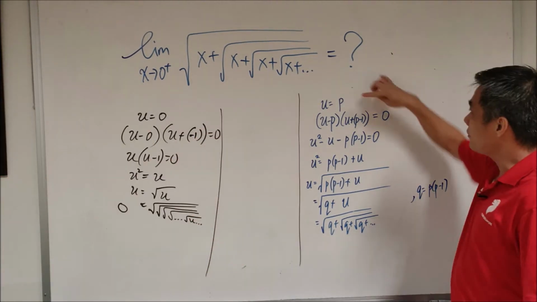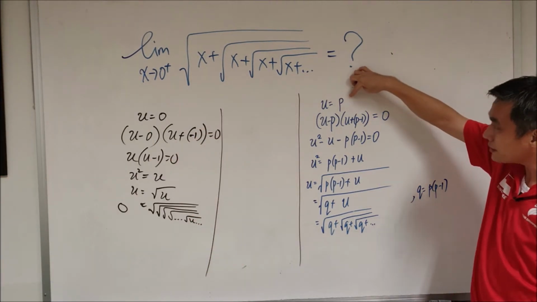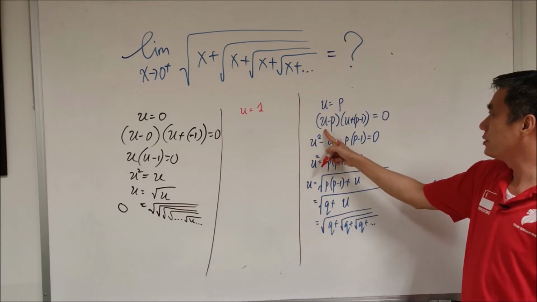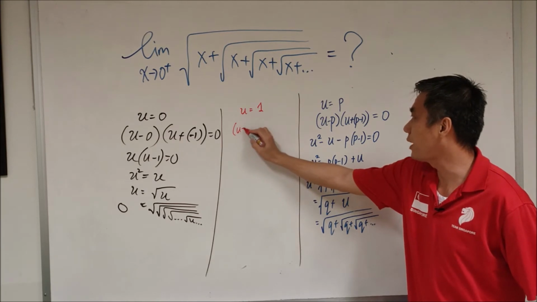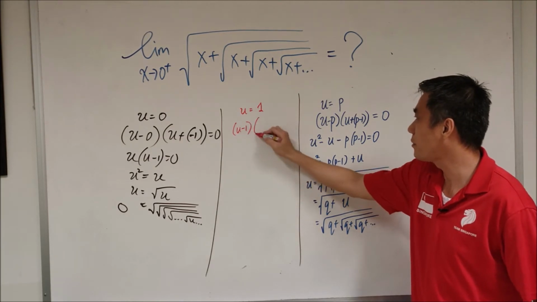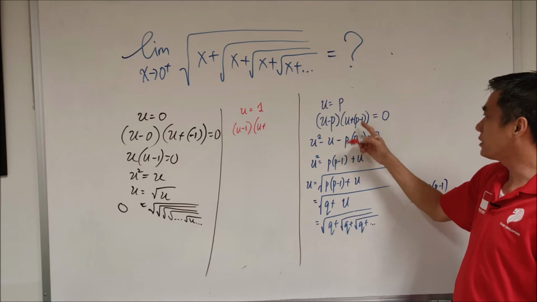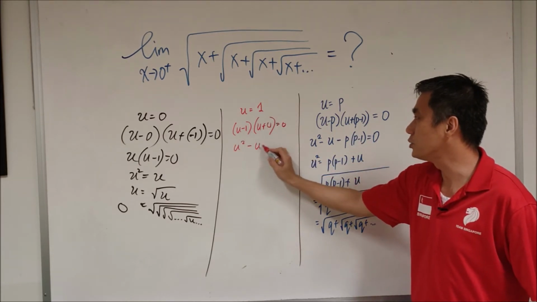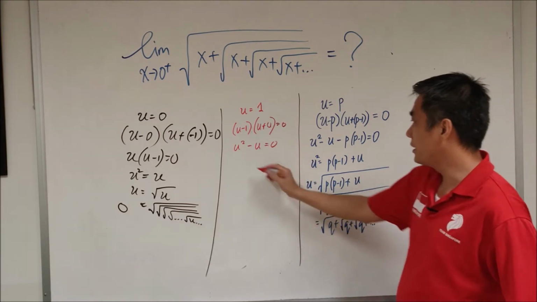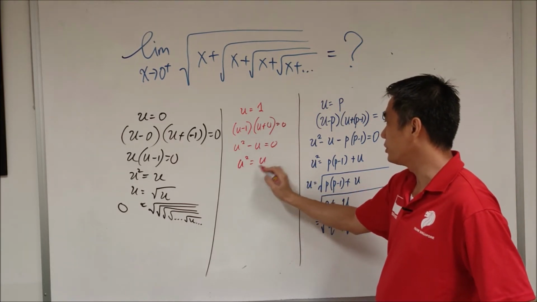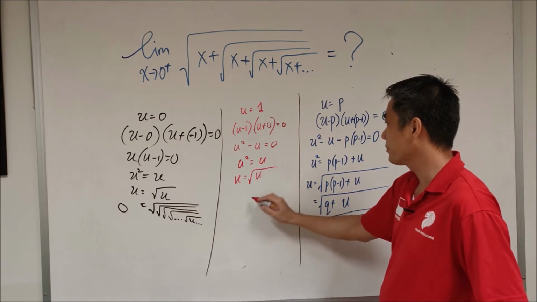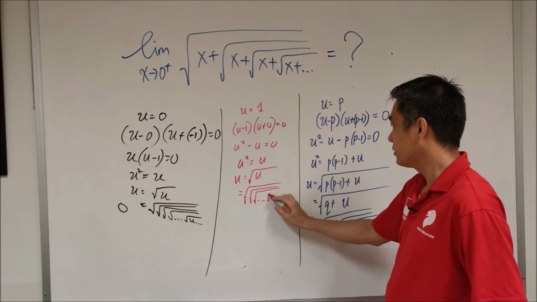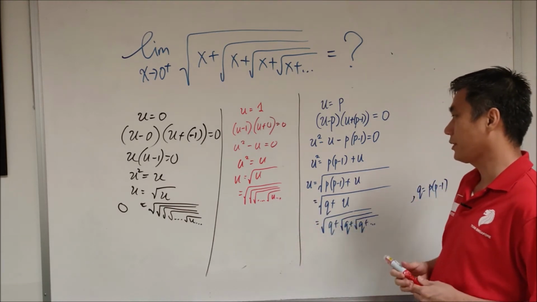On the other hand, if we use this method again and let u equal 1, this suggests that p equals 1, so u minus 1 multiplied by u plus 1 minus 1, that is 0. Then you will have u squared minus u equals 0. From here, u squared equals u, which equals the square root of u, and therefore equals the square root of the square root of the square root of u, and so on and so forth.